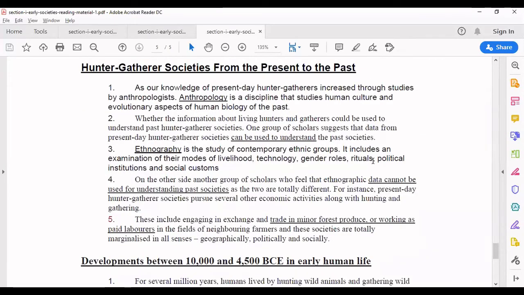Now, there are hunter-gatherer societies even in present day. Our knowledge of present-day hunter-gatherer society has increased through studies by anthropologists. Anthropology is a discipline that studies human culture and the evolutionary aspects of human biology of the past.